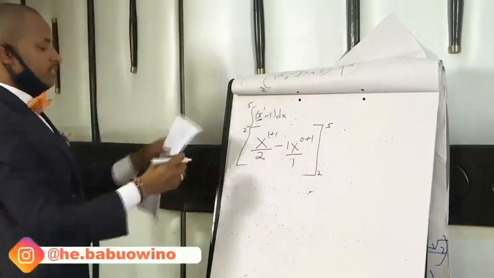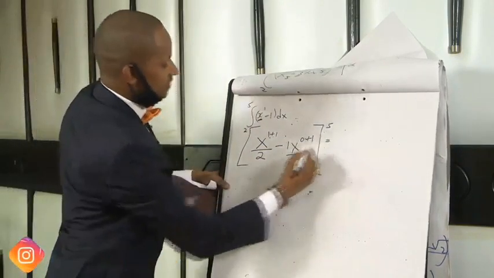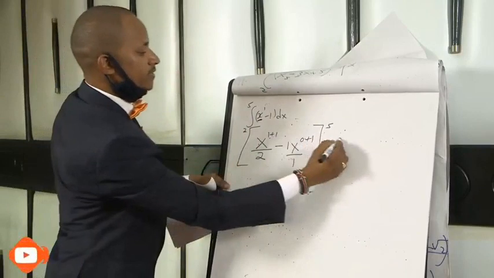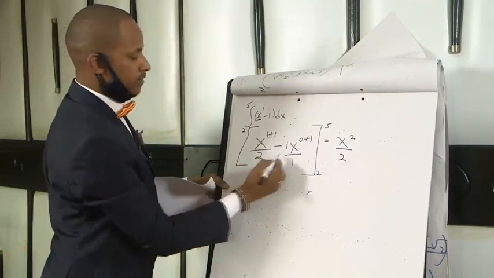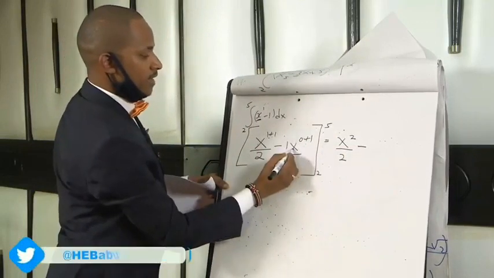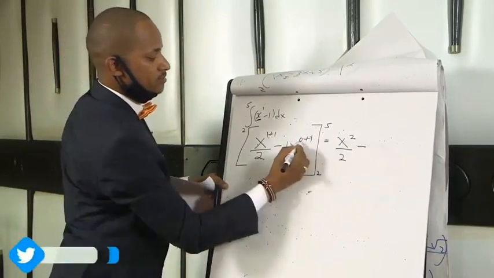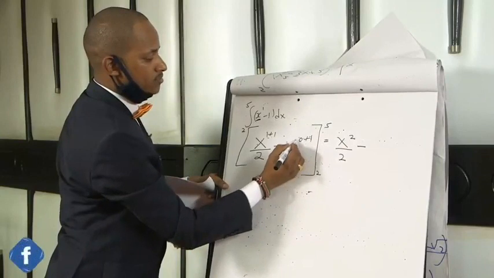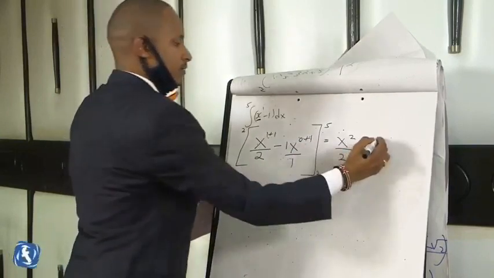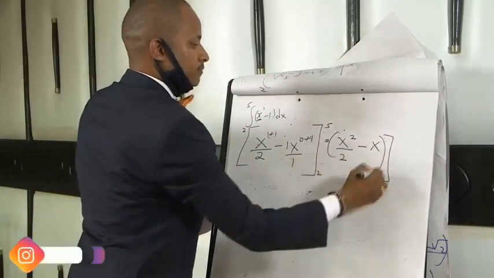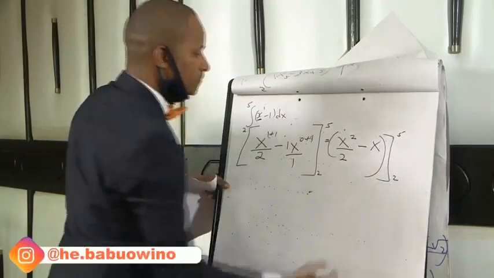This gives us x squared divided by 2 minus x raised to power 1. 0 plus 1 is 1. So therefore x power 1 is x. Limits of 5 and 2.